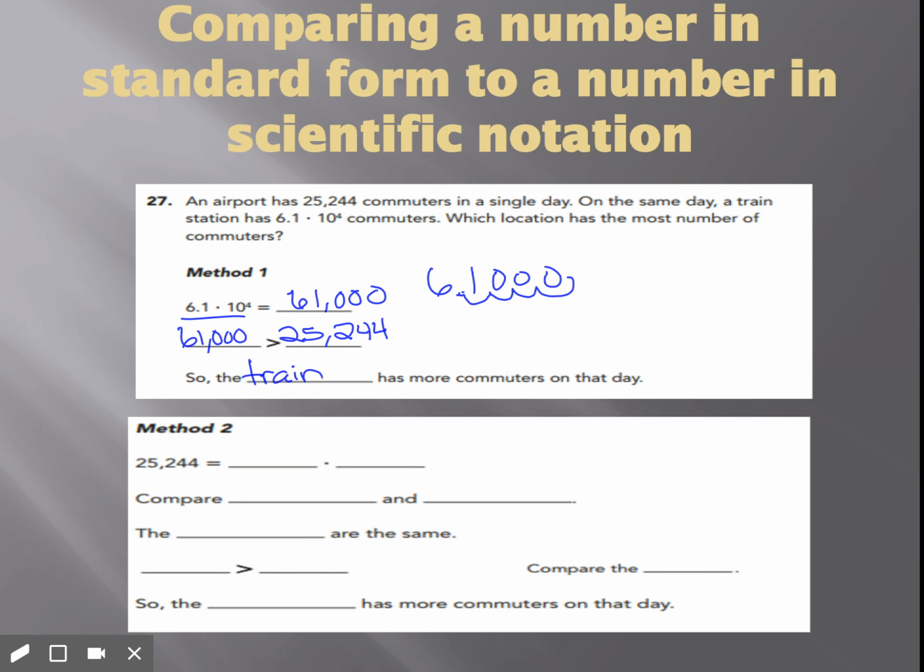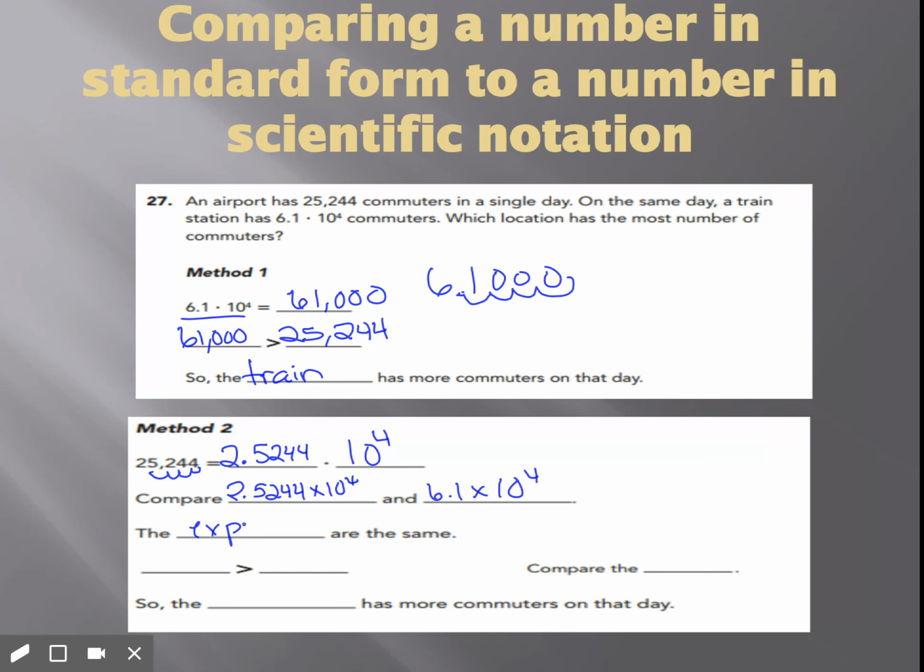If I wanted to have done it the opposite way, I could have changed 25,244 to 2.5244 times 10 to the, I move my decimal 1, 2, 3, 4 spaces. And I would have compared 2.5244 times 10 to the fourth to 6.1 times 10 to the fourth.